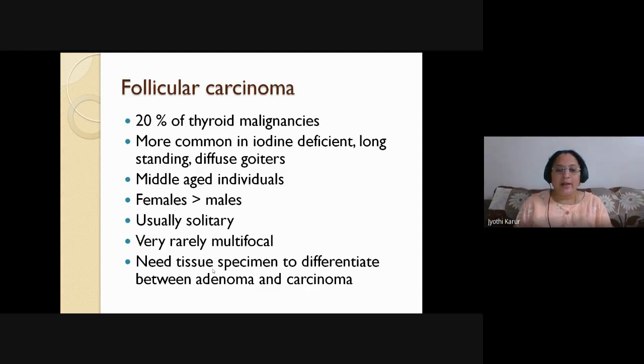You need a tissue specimen to differentiate between adenoma and carcinoma. Adenoma is a benign tumor arising from the gland, whereas in carcinoma there is infiltration of the basement membrane. How do you know there is infiltration of the basement membrane? Can you get it by cytology just by looking at the cells?